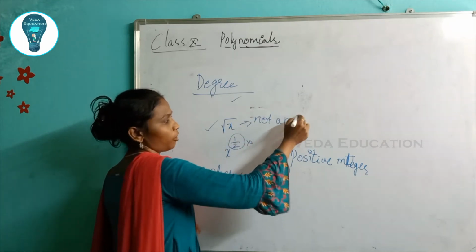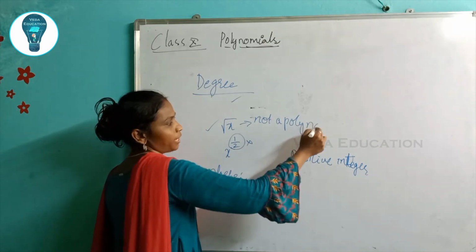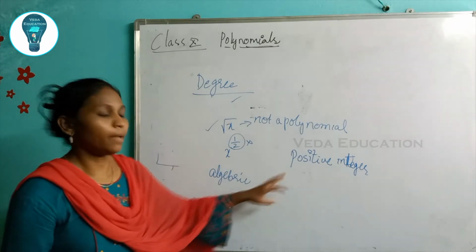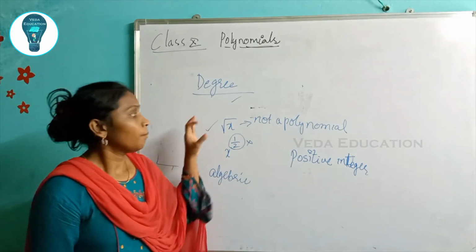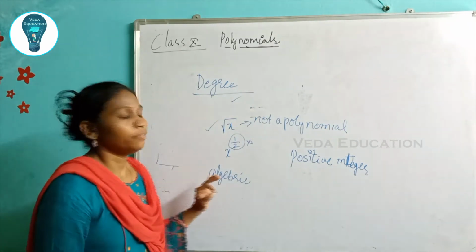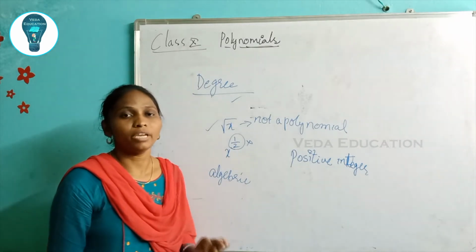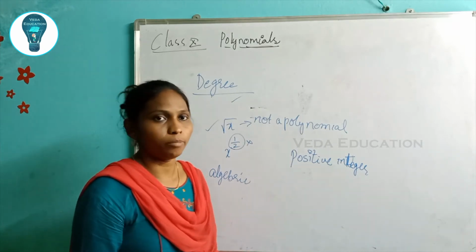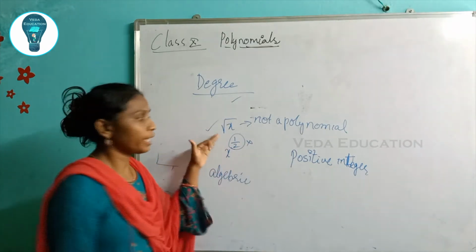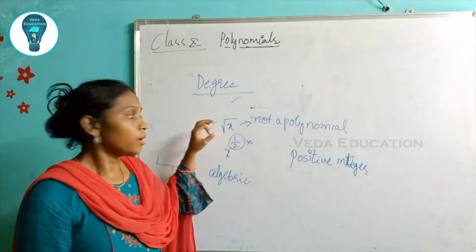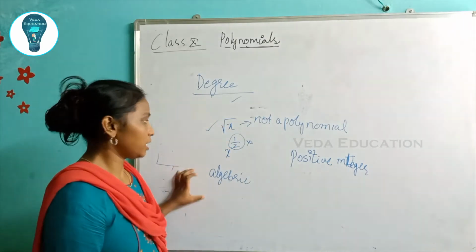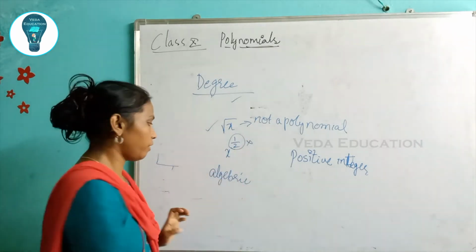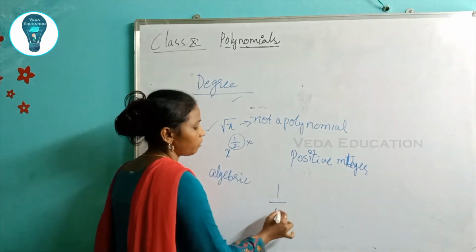When is an algebraic expression called a polynomial? When an algebraic expression has non-negative integers as powers, it is called a polynomial. Got it everyone? For example, root x has power 1 by 2, which is not an integer, so we consider this an algebraic expression, not a polynomial. And look here, 1 by y.